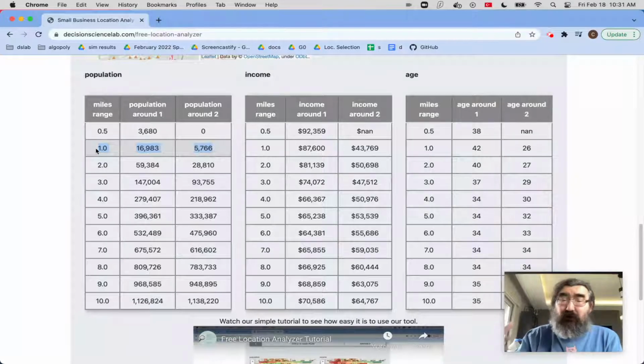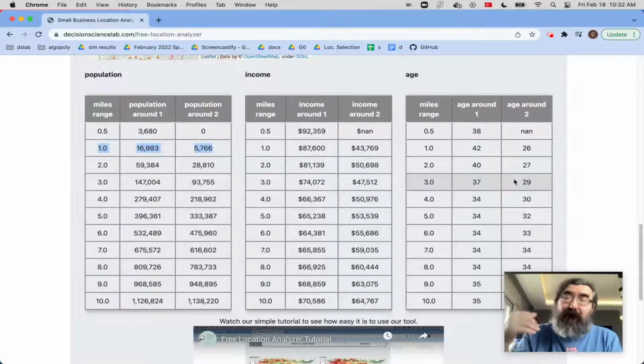So this gives you a more quantitative sense, with numbers, about how many people live there, what's the average household income, what's the average age, and then this range idea can also be applied differently to different businesses, right?